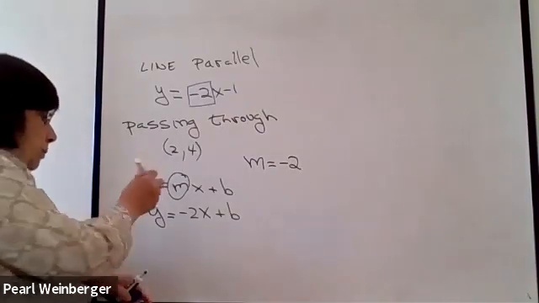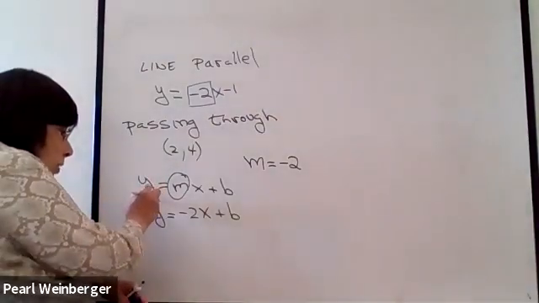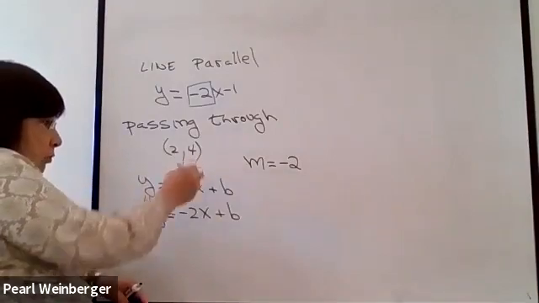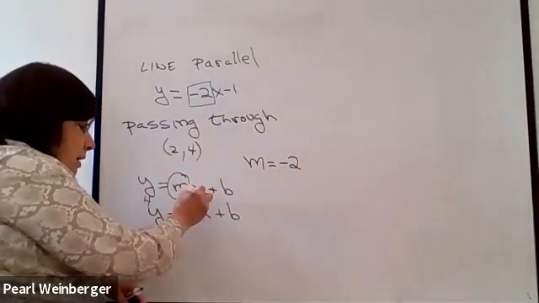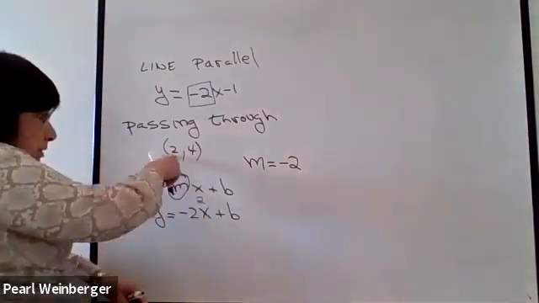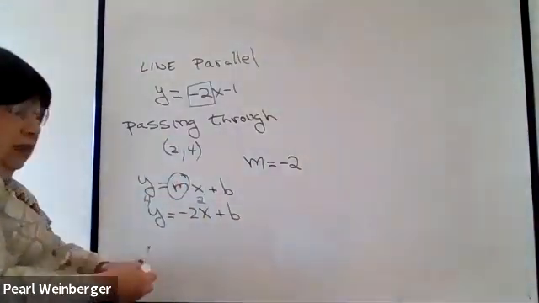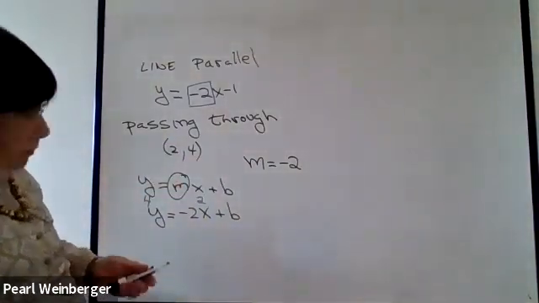So in place of y, I'm going to put 4, because that's the y value. In place of x, I'm going to put 2, because that's the x value. And see how this works out.